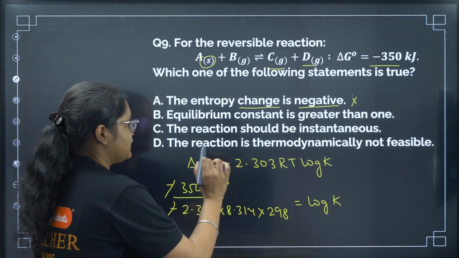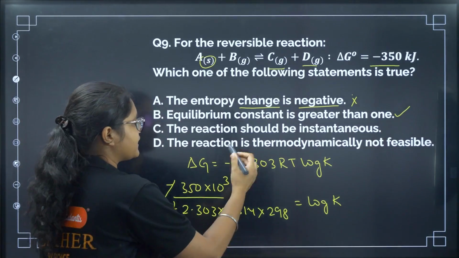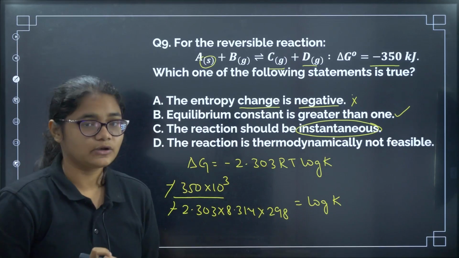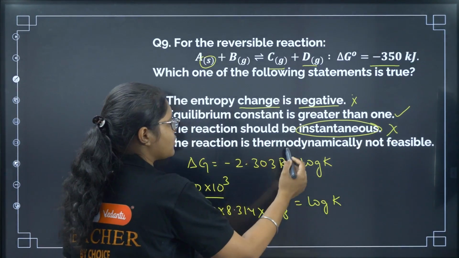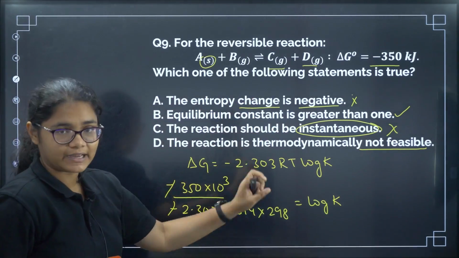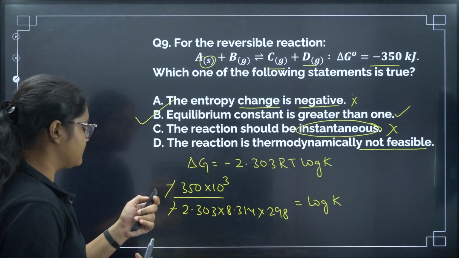So this statement is a correct statement. You need not solve it; by seeing the values only you can tell. Now, the reaction should be instantaneous, so that is not correct. The reaction has to be spontaneous, not instantaneous, so this statement is also incorrect. The reaction is thermodynamically not feasible: the reaction is feasible because delta G is negative. So the correct answer for this question will be option number B.